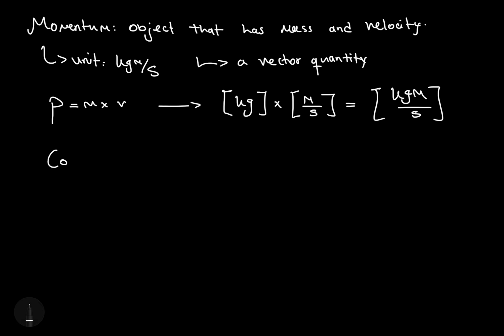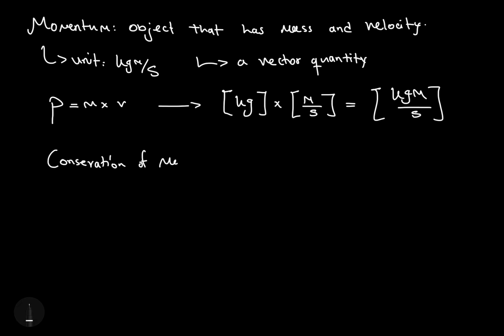So when we're talking about conservation of momentum, what we're really saying is the momentum at the beginning of an interaction, whether it's two things hitting each other or two things hitting each other and then sticking to each other, for example, a bullet going into a person and a person flying off, is actually the same. So the momentum at the beginning of the interaction is going to be the same as the momentum at the final stage of the interaction.